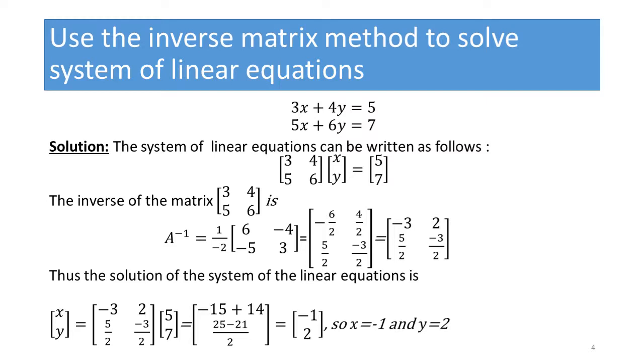Now we can multiply this 1 by minus 2 inside the bracket. So we get minus 6 by 2, which simplifies to minus 3. Minus 4 into 1 by minus 2 is 4 by 2, which is 2. Minus 5 into 1 by minus 2 is plus 5 by 2. 1 by minus 2 into 3 is minus 3 by 2.